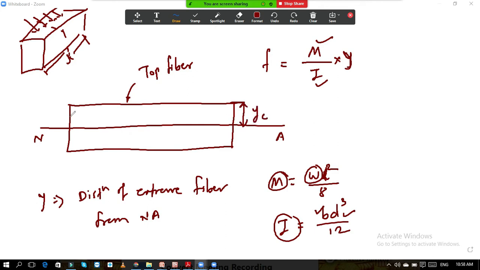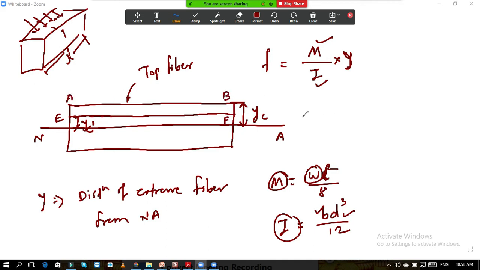YC. If I take any intermediate layer, suppose I want to calculate the force over here, if I take this layer, whatever this distance may be, I will call this YC dash. Suppose this is layer EF and this is the layer AB.